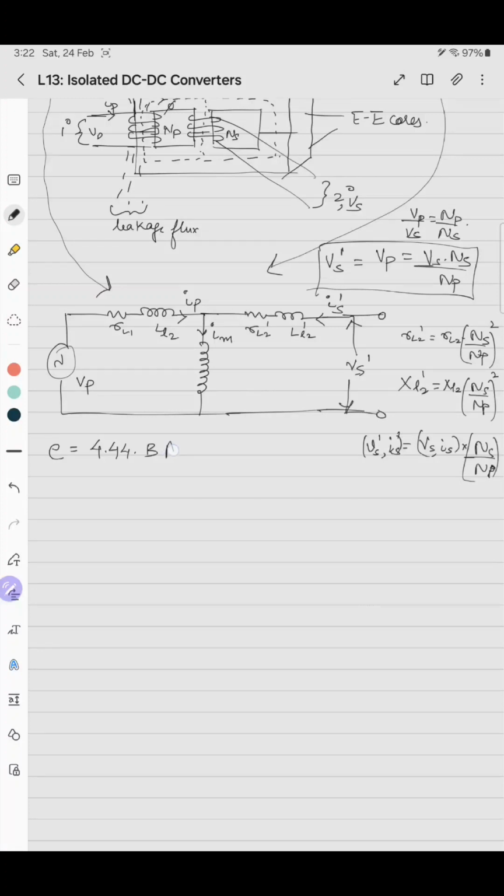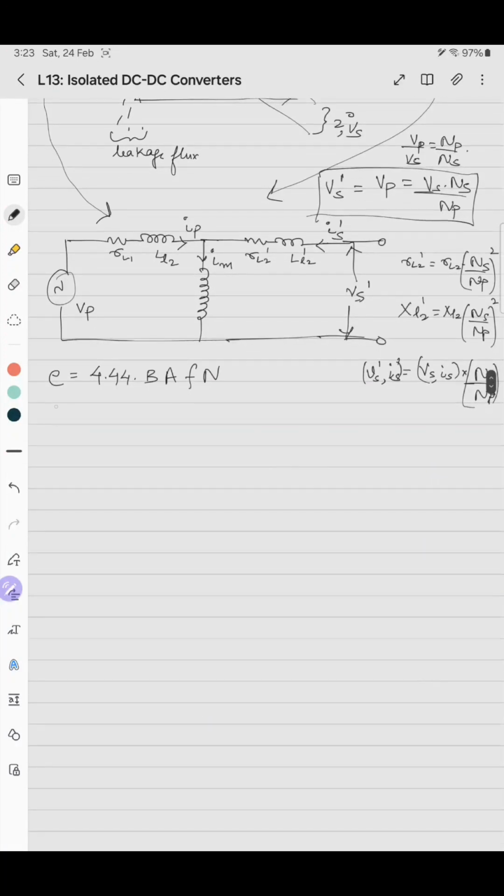How is this formula derived? Because E is N into d phi by dt. So let Vp be Vm sine of omega t.